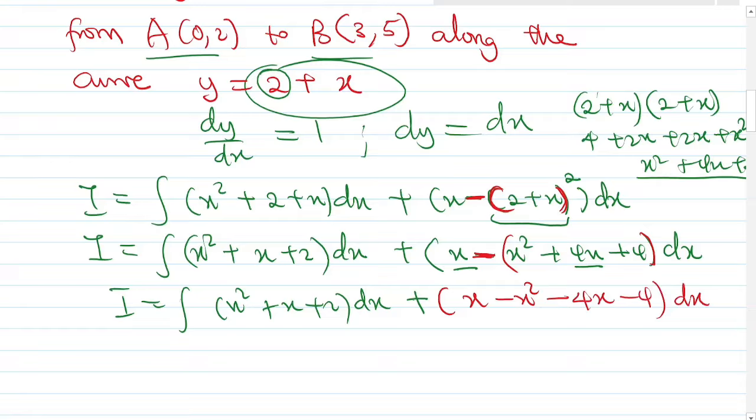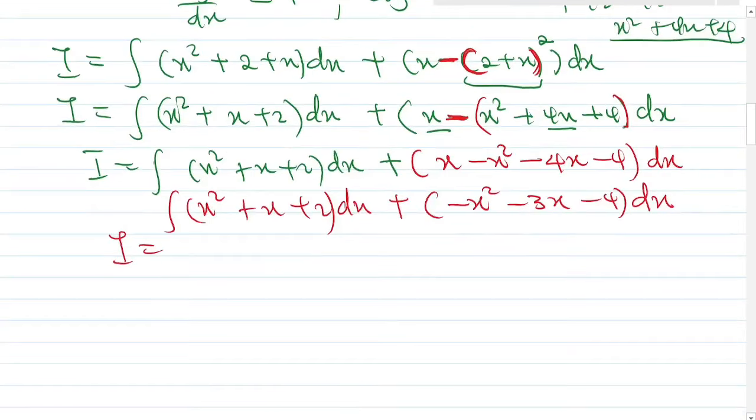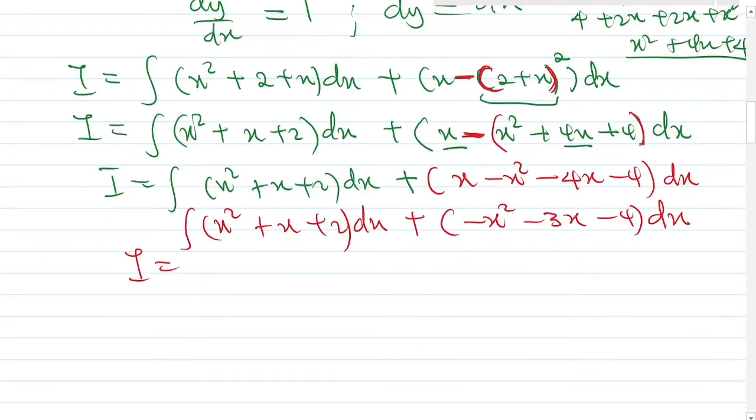So then you can now see x minus 4x as minus 3x. So you now have x squared plus x plus 2 dx plus, so we have minus x squared minus 3x minus 4, then dx. Then I equals, so the next thing is to combine the two now, this and this.